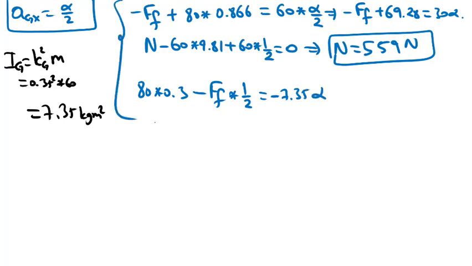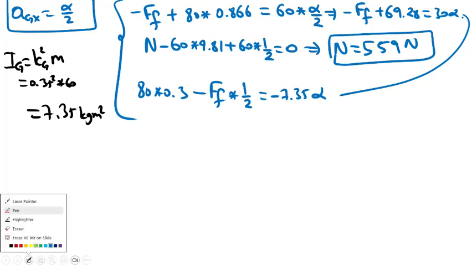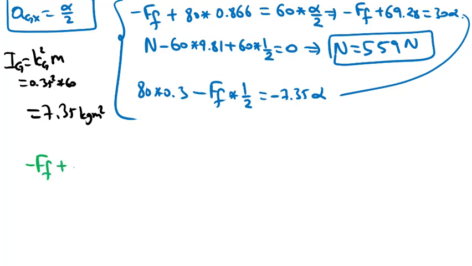Then I can combine the first and third equations. I can solve it easily. It's just linear equations. Let's do one more step. So negative F_f plus 69.28 is equal to 30 alpha. From here, multiply both sides by 2.